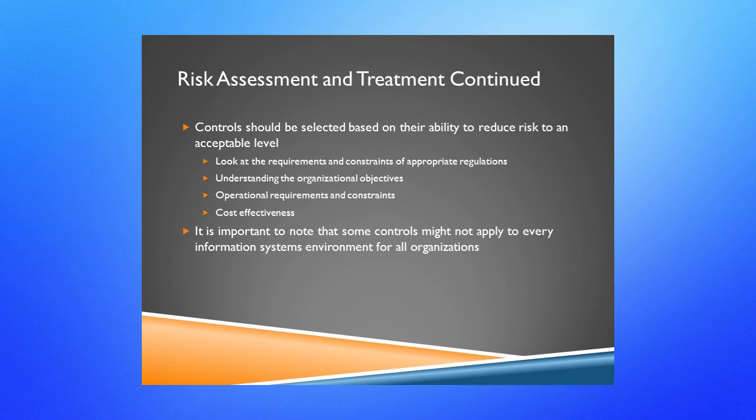So just because you audited company A and you found a solution that used a certain control, and you see company B seems to have some similarities, there's no way that you can assume that that control for company A would be the perfect solution for company B. In fact, you'd almost be guilty of doing a cookie cutter solution. Remember that not all controls apply to all companies, and so that's a process we go through to look at the cost benefit analysis to make sure that it meets regulatory requirements, business requirements, organizational objectives, and it does the reduction that you're looking for.